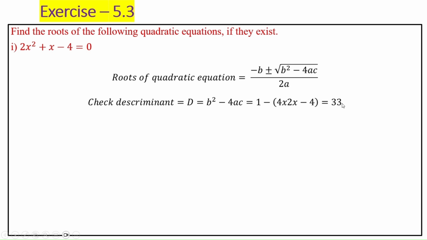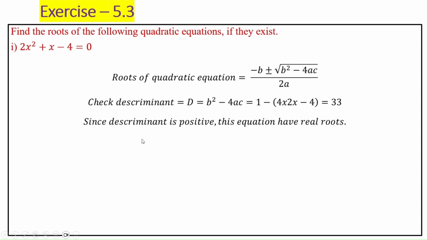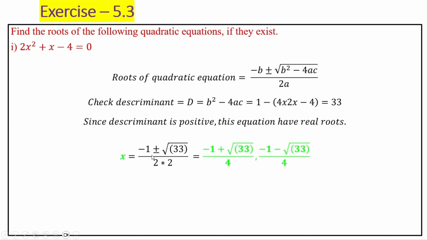It is positive, so roots exist, correct? The roots are x equal to minus 1 plus or minus square root of 33, the same D, divided by 2 into 2. These two are the roots of the quadratic equation: minus 1 plus square root of 33 by 4, and minus 1 minus square root of 33 by 4.